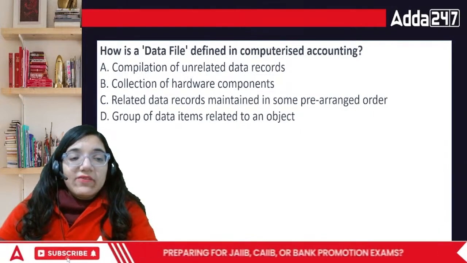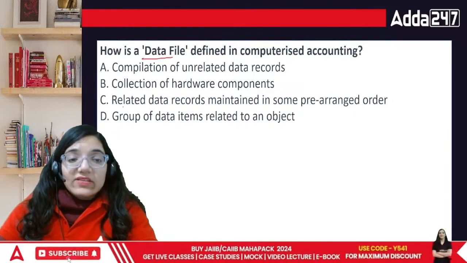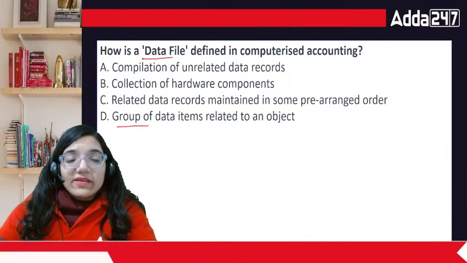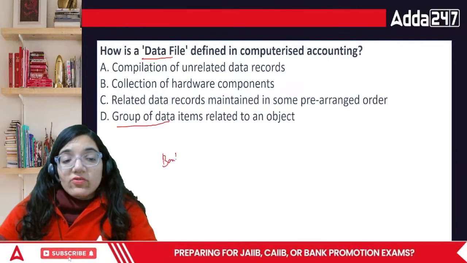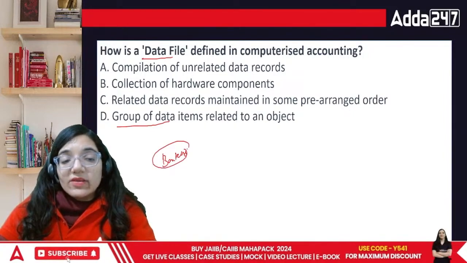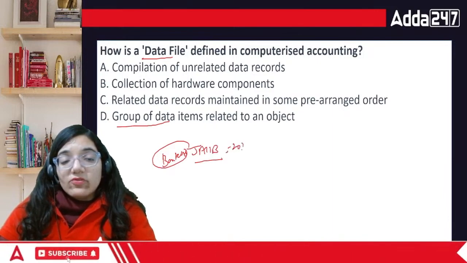When we talk about a data file, it is everything which is in a tabular form and it is connected. So can I say the answer is going to be group of data items which are related? A data file is basically, if I have noted down the name of all the bankers who have enrolled in JAIIB and who are going to appear in the 2024 May attempt.